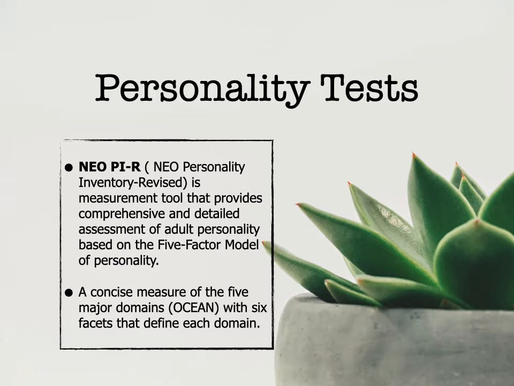This is a scale or measurement tool that provides a comprehensive and detailed assessment of adult personality based on the 5-factor model of personality. And because this is patterned after the 5-factor model, this scale would also yield scores for the 5 subscales of the 5-factor model, which is the OCEAN: openness, conscientiousness, extroversion, agreeableness, and neuroticism.